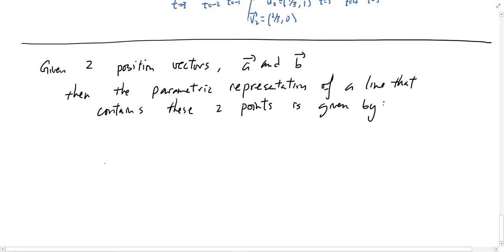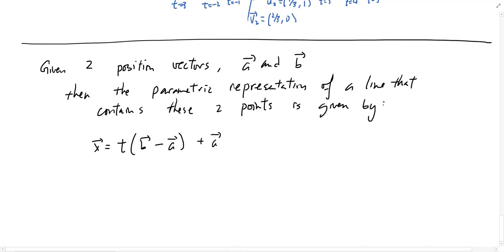Well, if we're given 2 position vectors, you already learned in 1.2 how to form a direction vector between 2 position vectors, and that is through subtraction. So the parametric representation of the line will be vector x equals t times (vector b minus vector a) plus vector a.